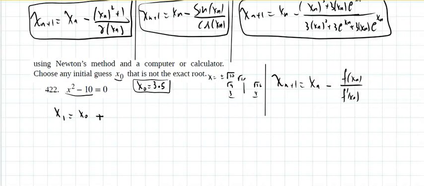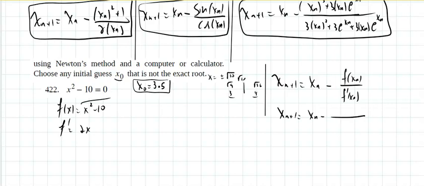Okay, let's see what we need. It's going to be x sub 0 minus. So I need a derivative of this. Let this be f. Let's start fresh. I'm going to let this be f of x, and I'm trying to figure out where f of x equals 0. f prime is 2x. So the formula I have is that x sub n plus 1 is x sub n minus x sub n squared minus 10 divided by 2 times x sub n.